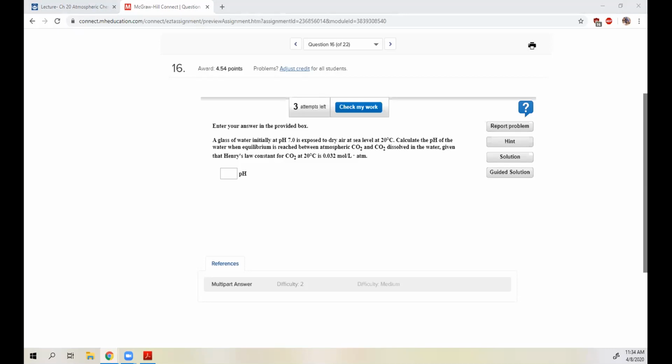Now, the reason why I chose this one is that this one's a little bit tricky. And that's because when CO2 dissolves in water, it doesn't just sit there as a separate CO2 molecule. It goes through a reaction where it becomes H2CO3. And so what is H2CO3?